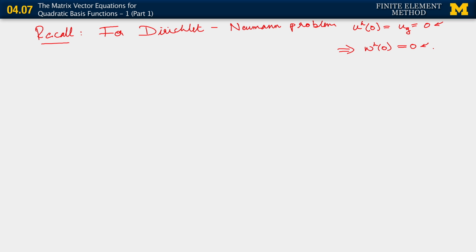All right, so what does this mean? What this implies is that for element 1, because WH at 0 is equal to 0, we construct WH for E equals 1 as the sum over A, not starting with 1 but starting with 2, to the number of nodes in the element, which is 3.